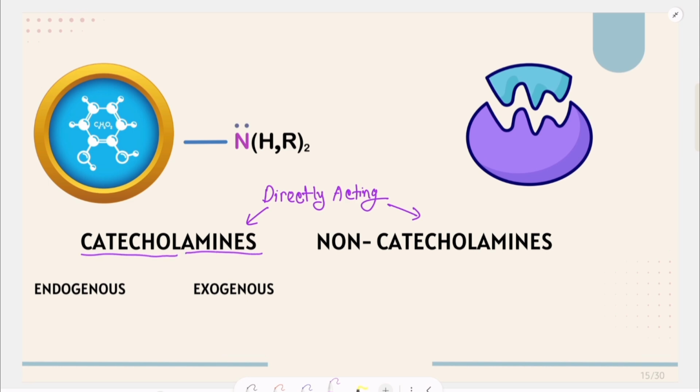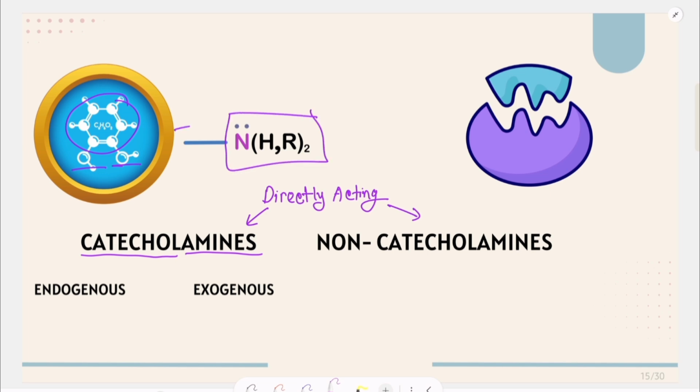If you remember chemistry, the chemical structure of dihydroxybenzene is called catechol. If an amine group is added to the catechol group, it will be called catecholamine. This means any drug having this type of chemical structure is called a catecholamine.